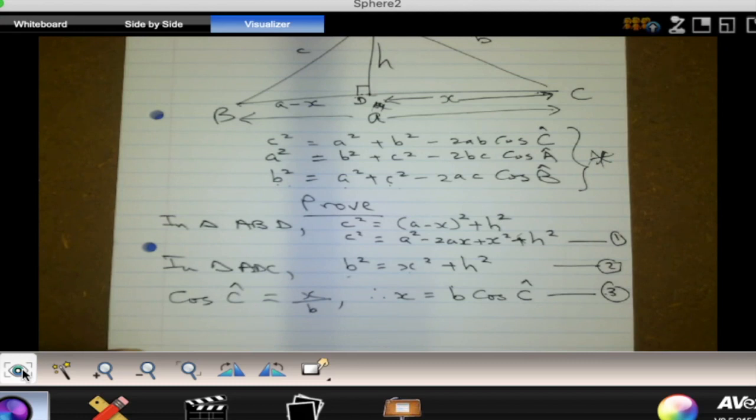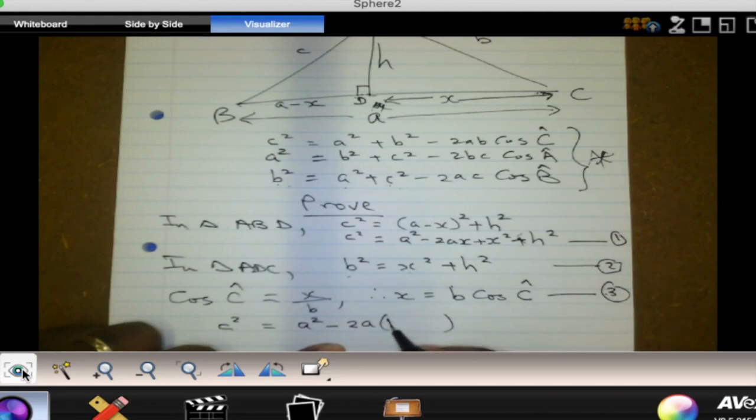We can put b squared, right? So let's go back to number 1. Let's rewrite number 1. So that is c squared equals a squared. It says minus 2a multiplied by x, but what is x from number 3? From number 3, x is b cosine of C, right? All right. So that is our 2ax.